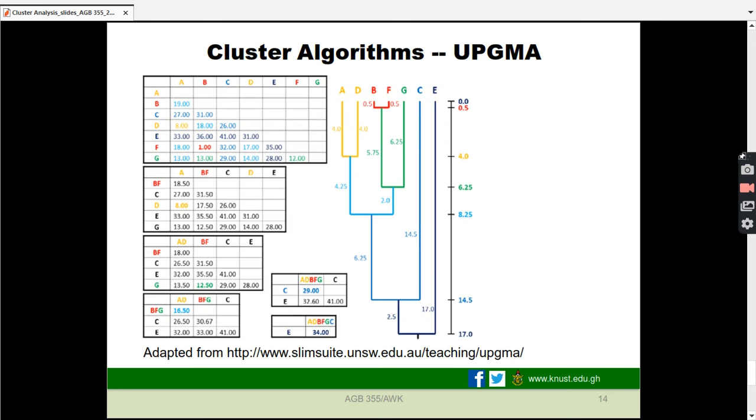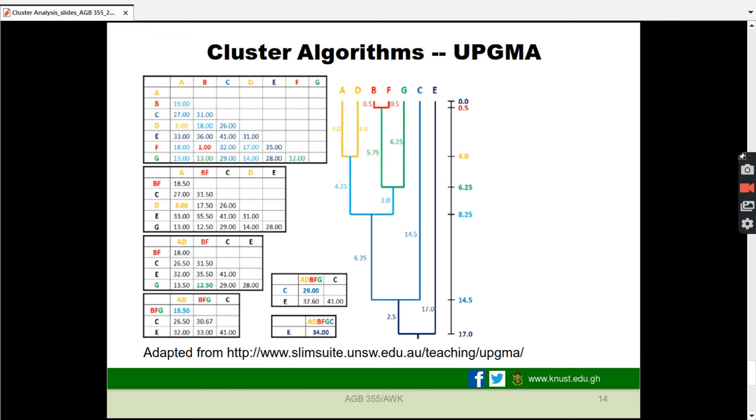So this is our data here, and this cluster or dendrogram or cladogram was drawn from this. At the end of this, you would know how we had this one. First of all, you look for the least figure in this table, which is 1, and 1 is between B and F. So you group B and F in one group.